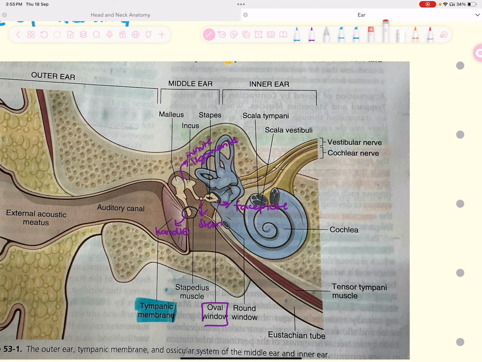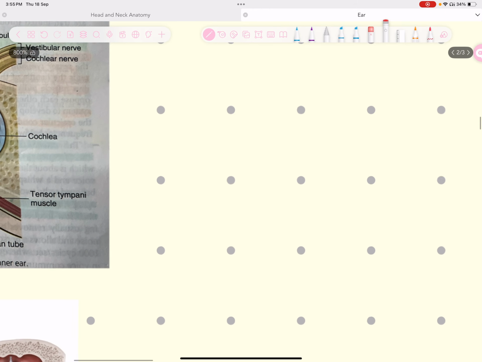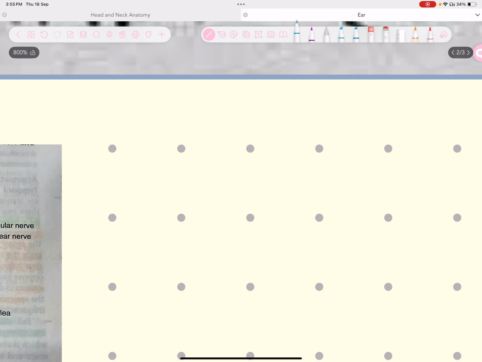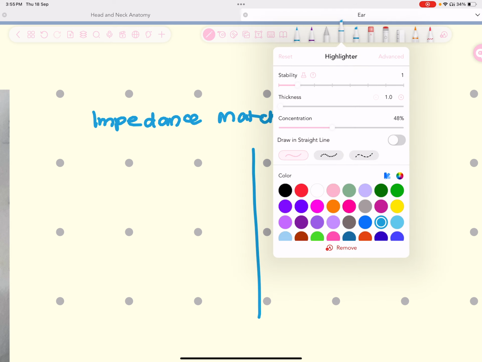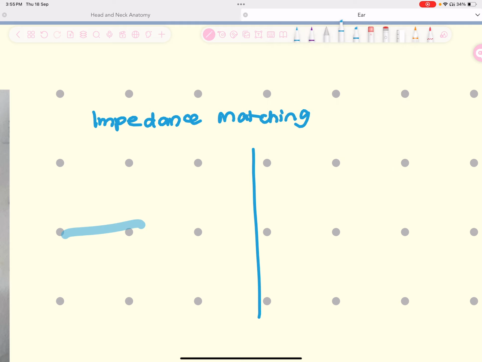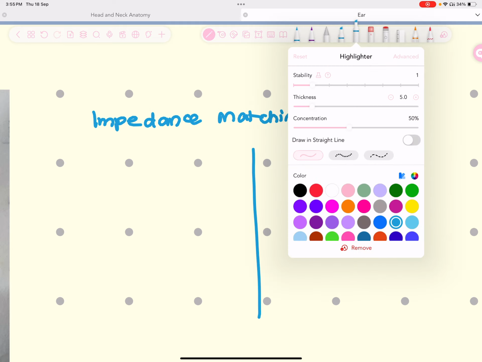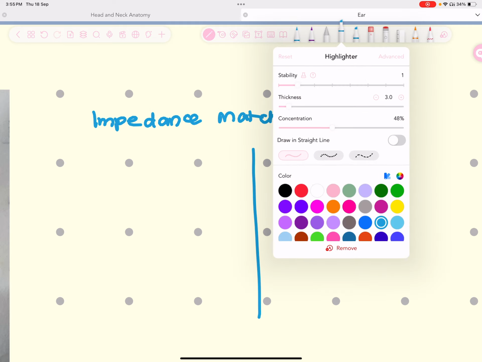Now let's move on. The second thing we're studying today is a very important phenomenon known as impedance matching. Now what exactly is impedance matching? We do know this from our younger grades, that whenever there is a change of medium, for example, let's talk about sound in this scenario.